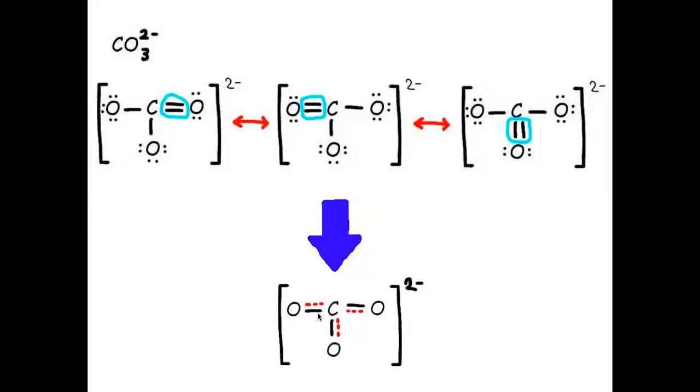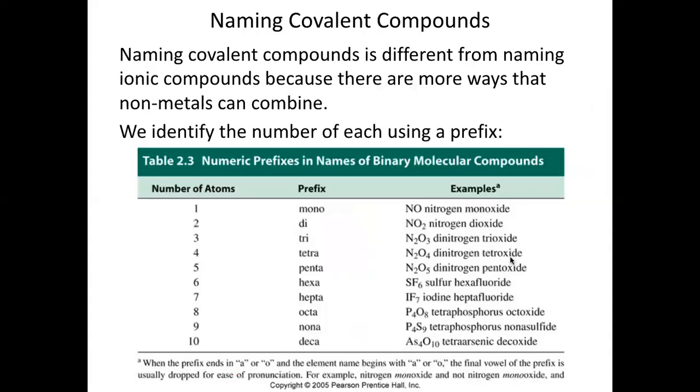And then we're going to have a solid line here, but because we can have the double bond here, here, and here, we're going to show that by these dotted lines. These dotted lines represent where that double line could be. This resonance structure represents all 3 of these possibilities, so you don't have to write them out independently. So that is resonance structure.